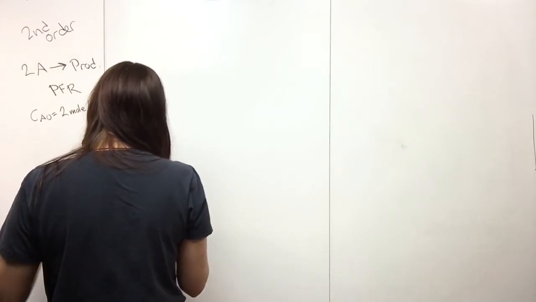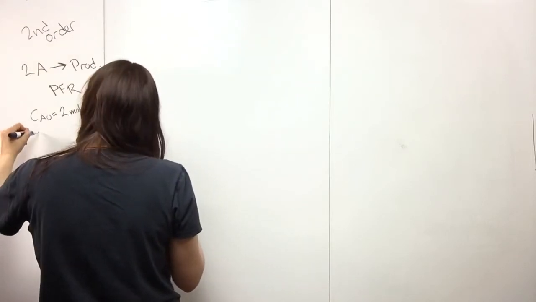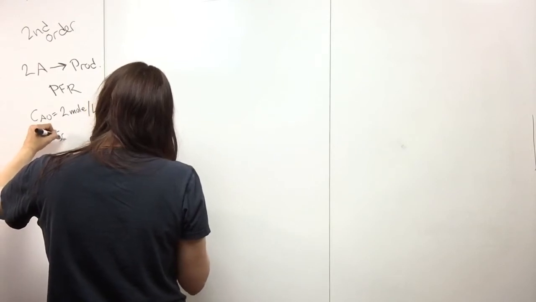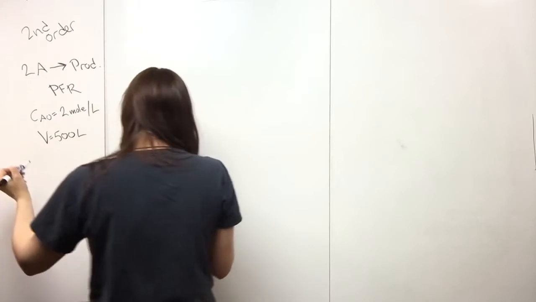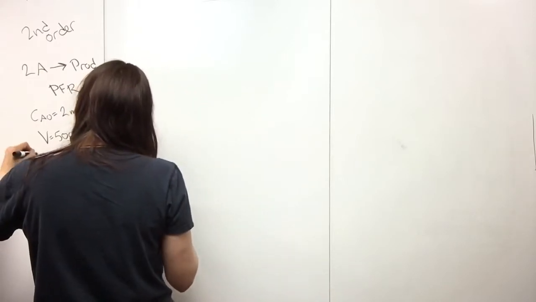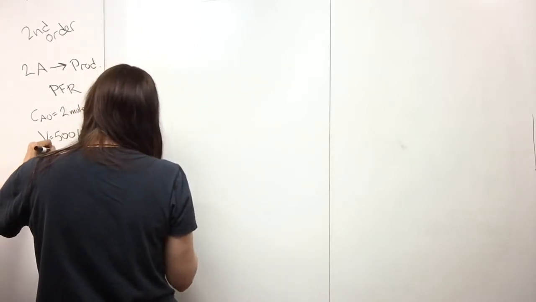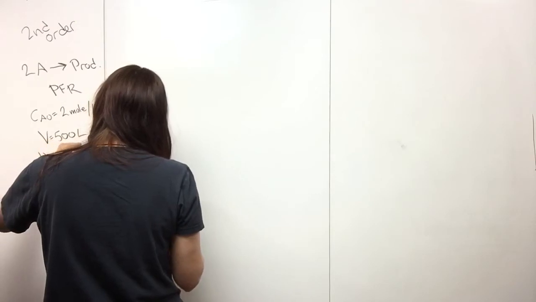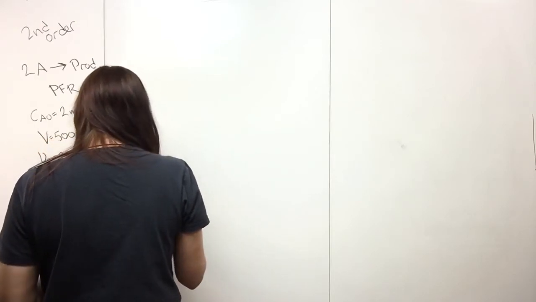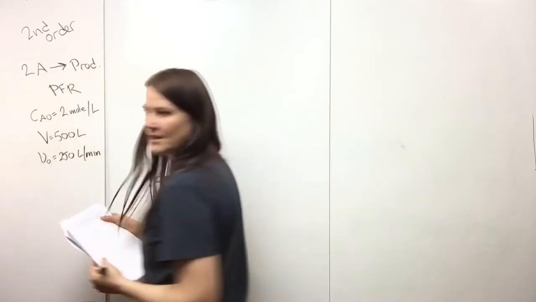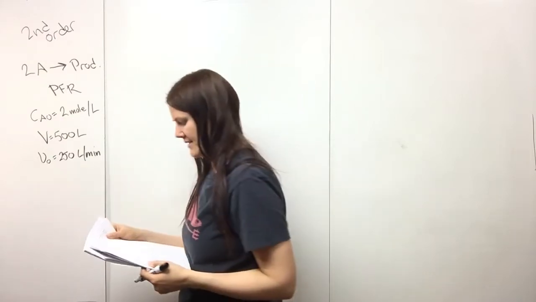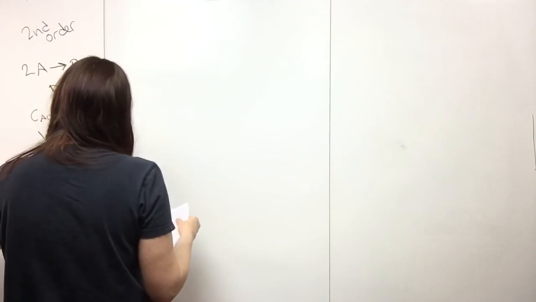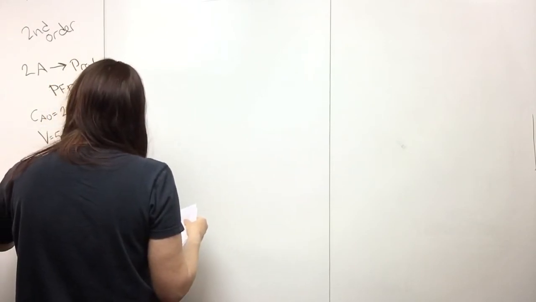The reactor volume is 500 liters, so V is equal to 500. And the volumetric flow rate is 250 liters per minute, so V naught is equal to 250 liters per minute. And then it says a single pass conversion of 50% is obtained, so X equals 0.5.